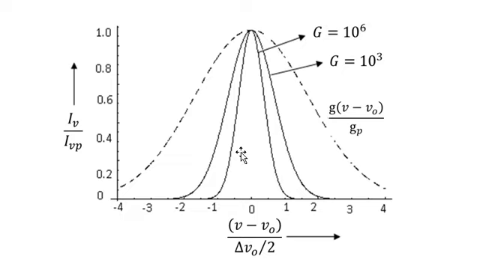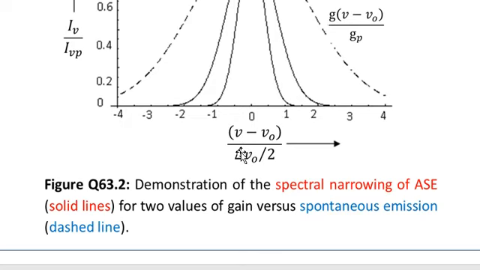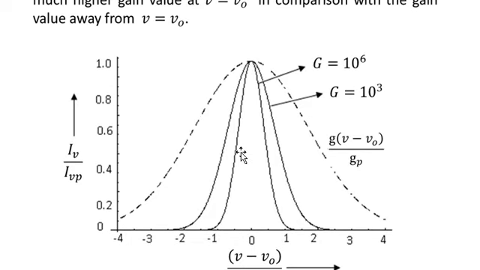But you see that here in this figure, that is in figure 63.2, we are not going to plot the intensity on the vertical axis, but we are going to plot the normalized intensity. So I nu is the intensity of the saturating beam as a function of nu, and I nu p is the peak value of the intensity of the saturating beam.